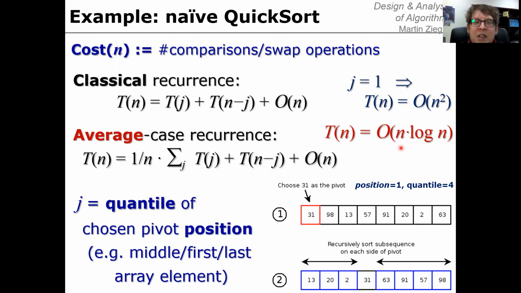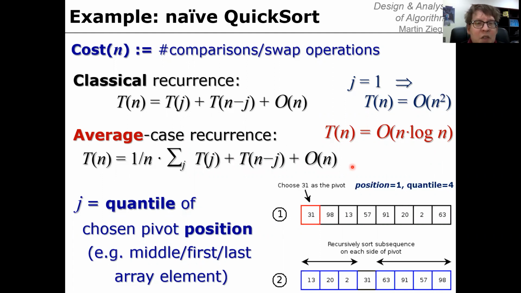In the average case, it has running time n log n. So yes, as I said, solving this recurrence is mathematics, and actually it's a very good exercise and gives you insight into solving recurrences.